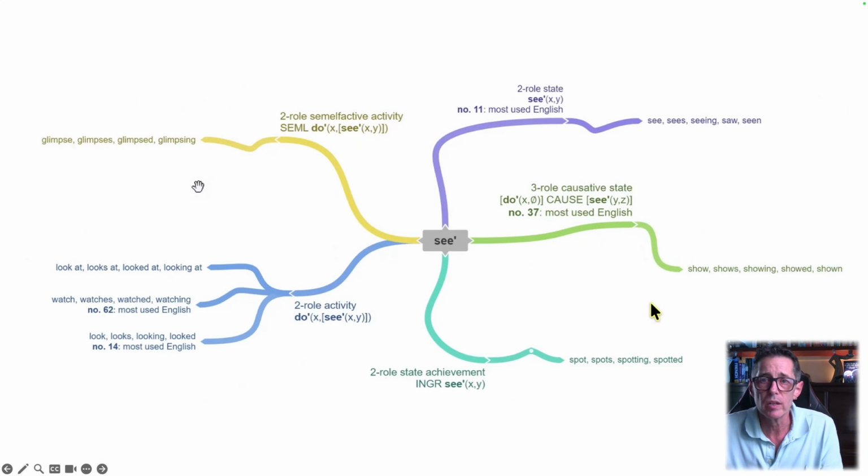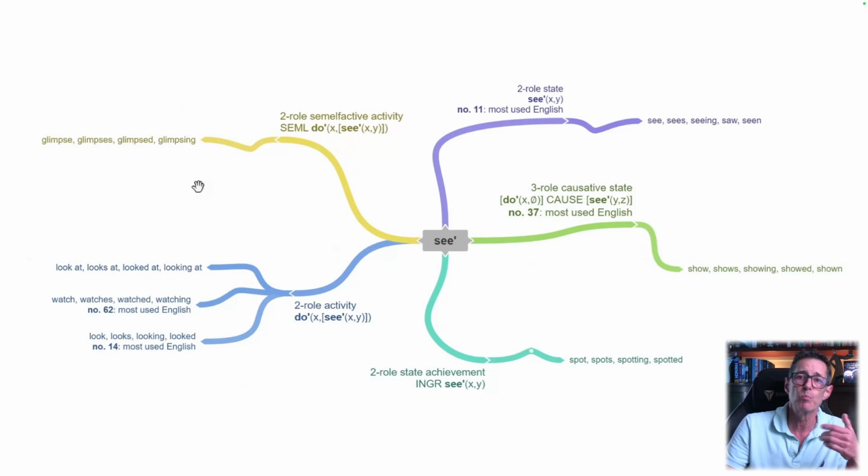So let's have a look at those different predicate classes in a bit more detail, because we want to be able to generalize. If you have the concept of C, the meaning C, and you look at the most commonly used, because C is a very, very common concept that we use in conversation. The 11th most popular word is the word see in English.